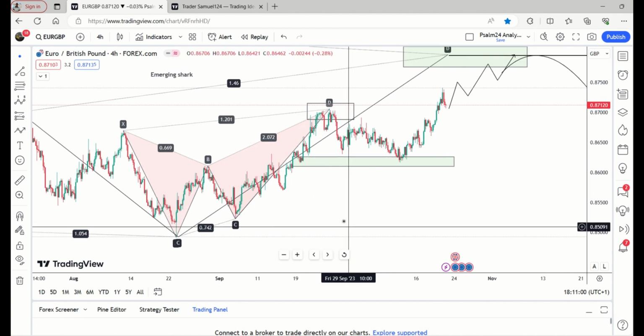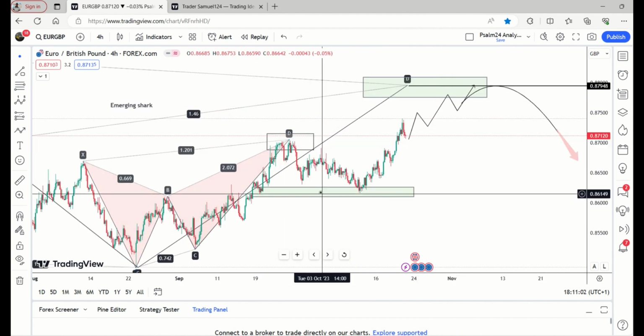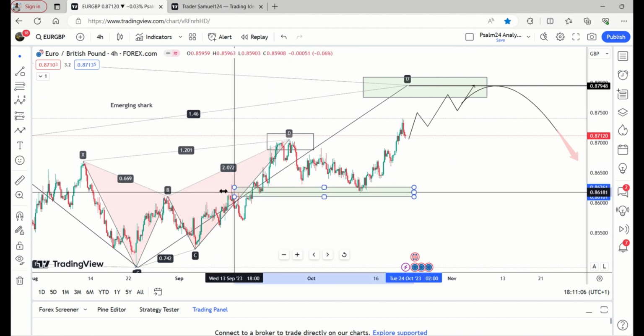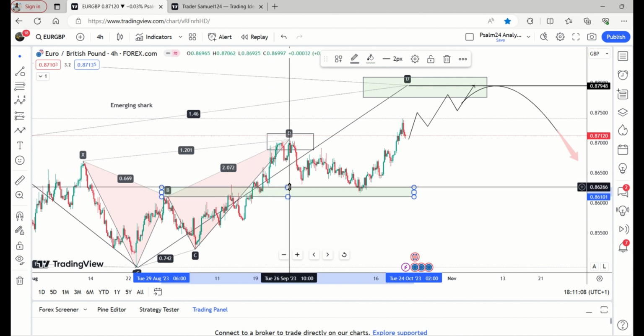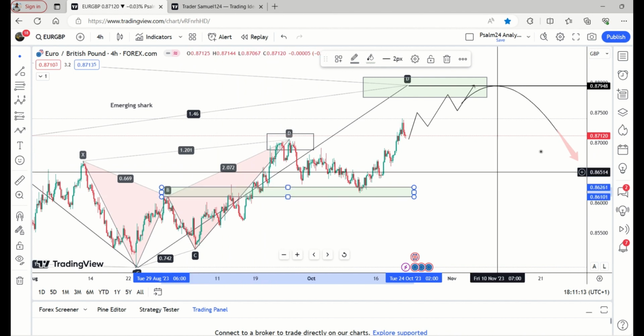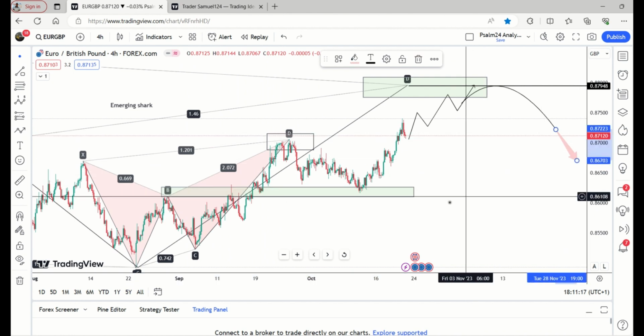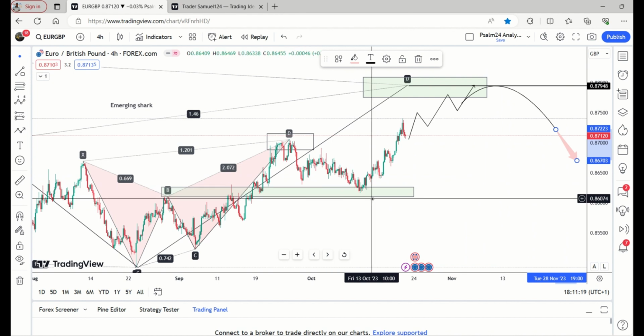All right, but when we saw this on the harmonic pattern, there is what is called a support zone here. The support zone held. When you are trading harmonic pattern, you need to identify your support and resistance zones, and those are your first target area.